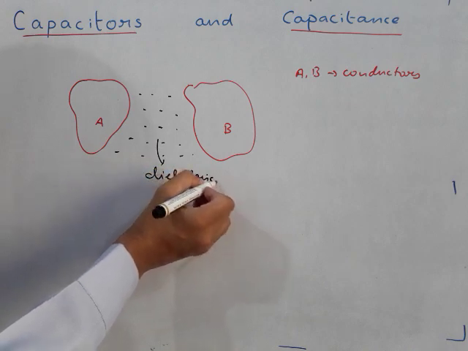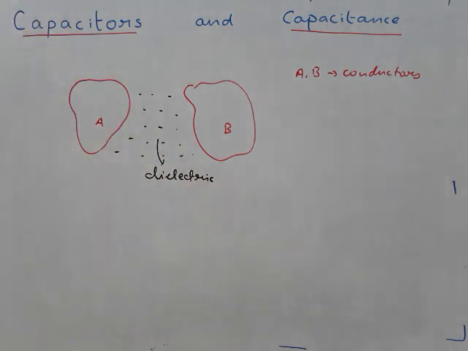What is a dielectric? A dielectric is an insulator that can be polarized. Then this particular system is called a capacitor.